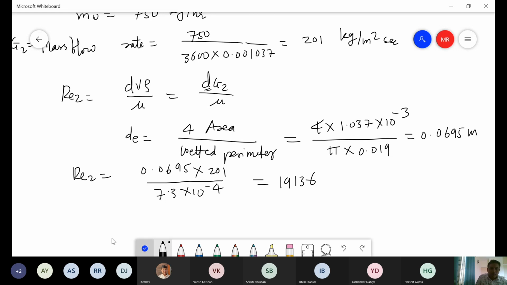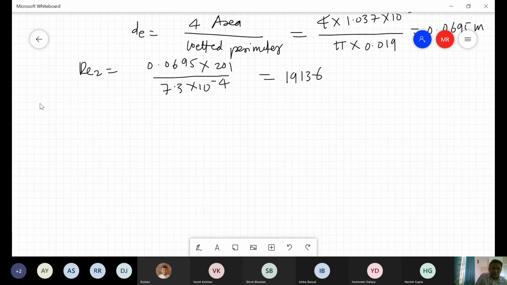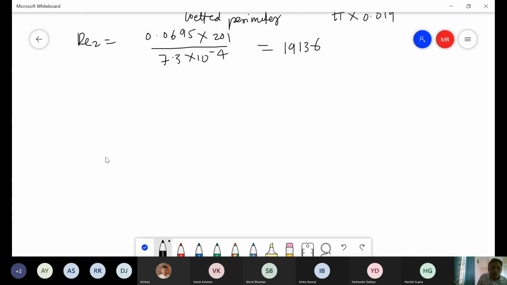So now for the inner pipe, what was flowing through the inner pipe? From the inner pipe, the mercury was flowing, isn't it? So mercury is nothing but what? Is it a liquid metal? Isn't it a liquid metal? So for liquid metal, what is the correlation?